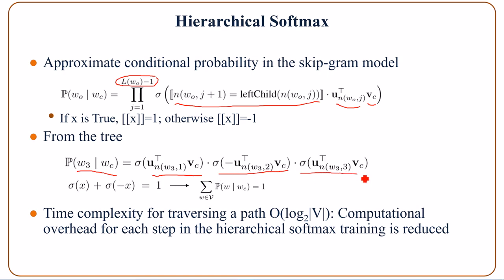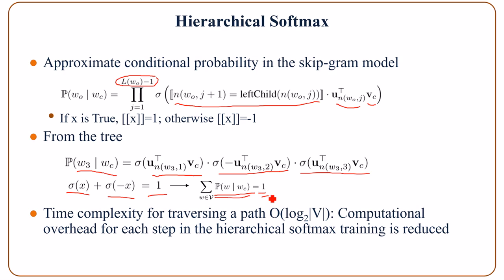And this is when we traverse to the left again. Notice that the sigmoid function of x plus the sigmoid function of negative x is equal to 1. Applying this, we can prove that the sum of the probability of the context word W given the central target word WC over the whole dictionary is equal to 1.